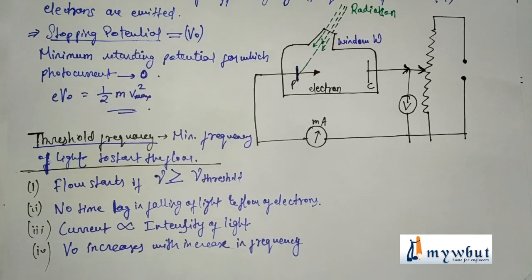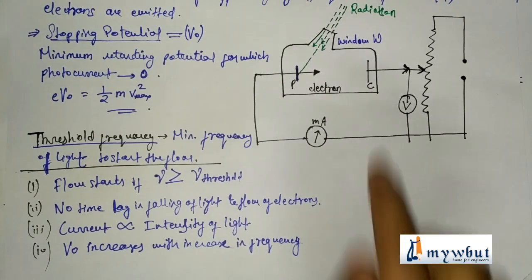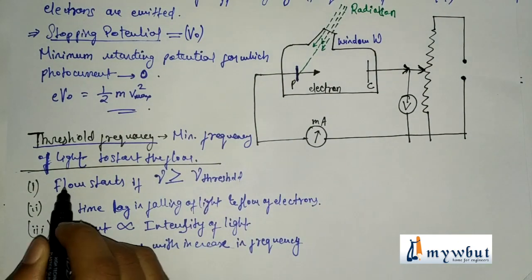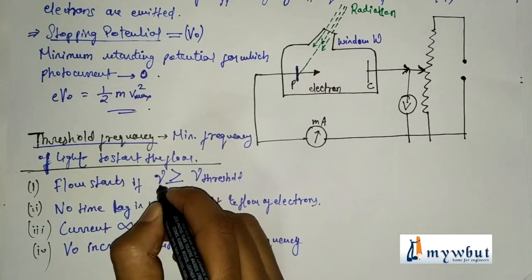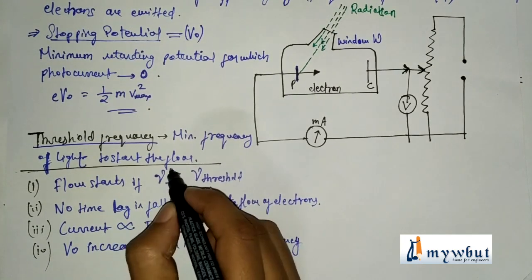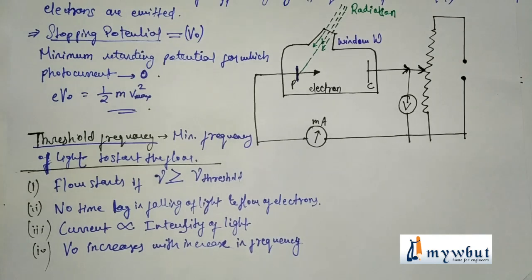So these I have noted down are some laws, or you can say experimental data or inferences that we have obtained, or that must be followed to get these results. Number 1: flow will start if the frequency nu is greater than or equal to the threshold frequency.